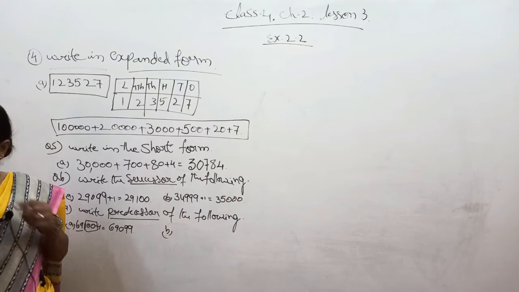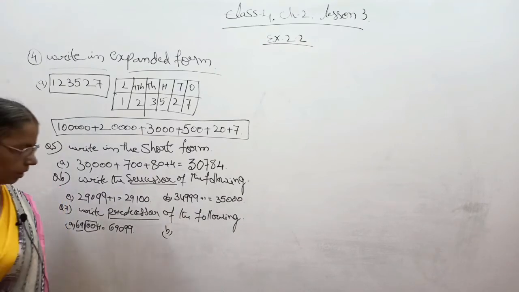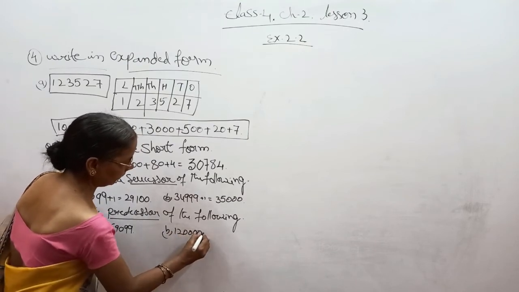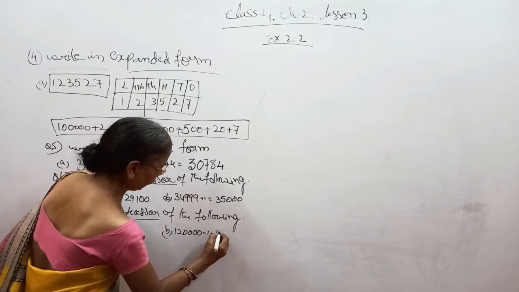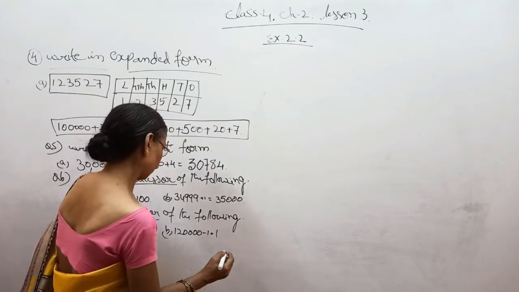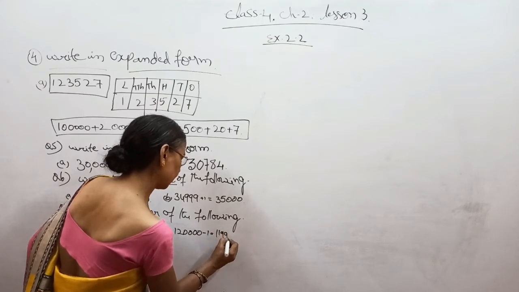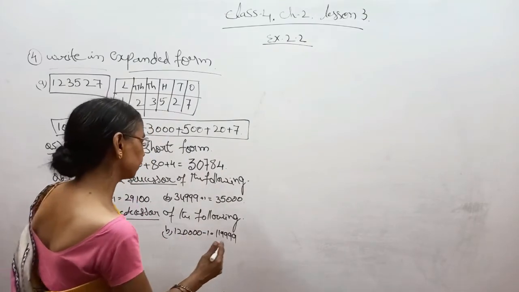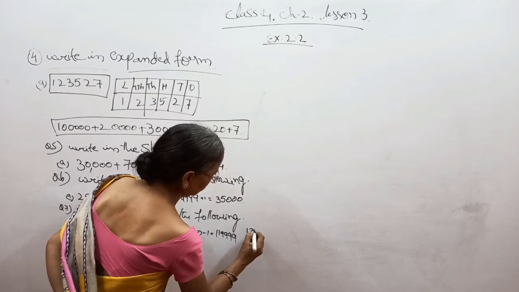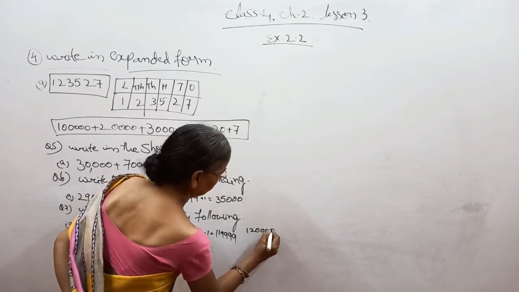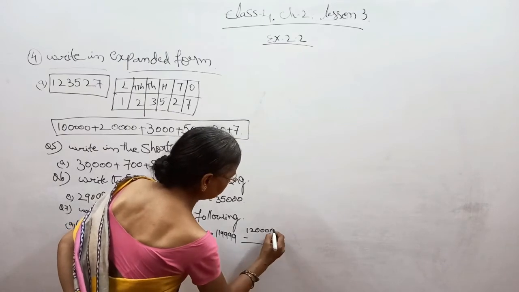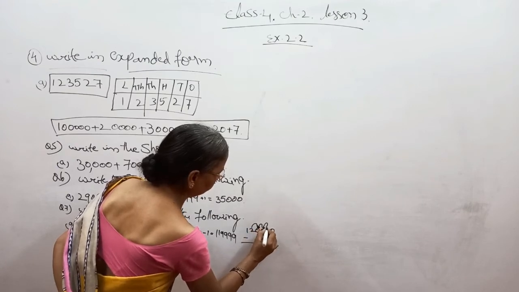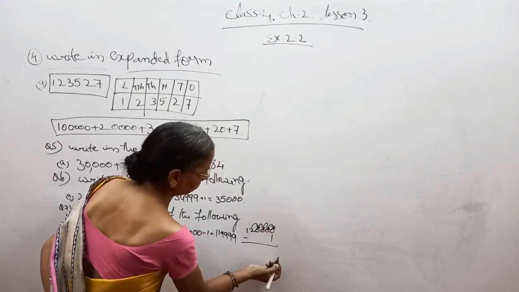Then the second one, B: 1,20,000. Again we have to subtract 1, so we get 1,19,999. We simply subtract: 0 minus 1 is not possible, so we borrow from here, 10 minus 1 is 9.